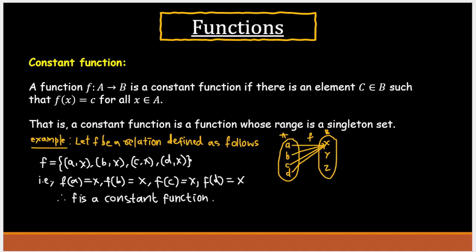Now let's see the constant function. A function A to B is a constant function if there is an element c belongs to B such that f of x is equal to c for all x belongs to A, which represents that only one element from B is the image of all the elements of A. So here the constant function is a function whose range is a singleton set.